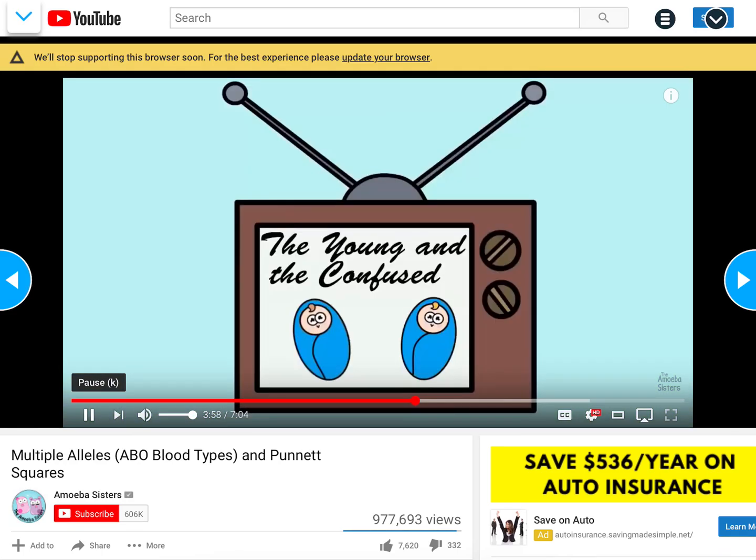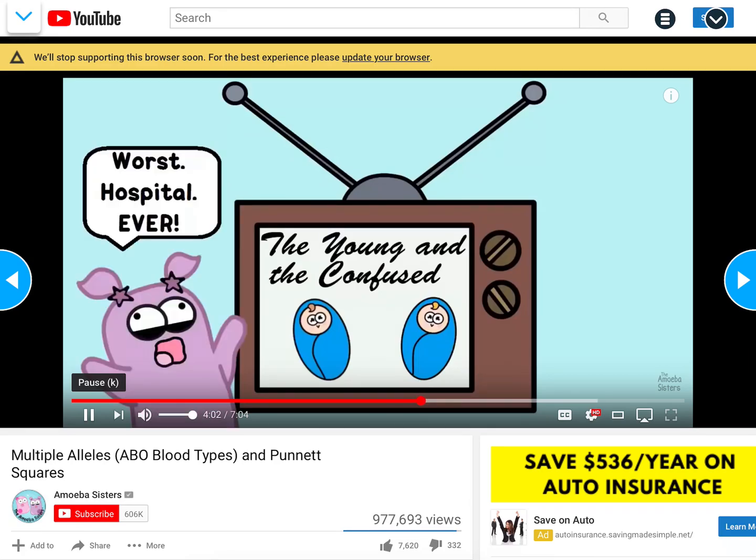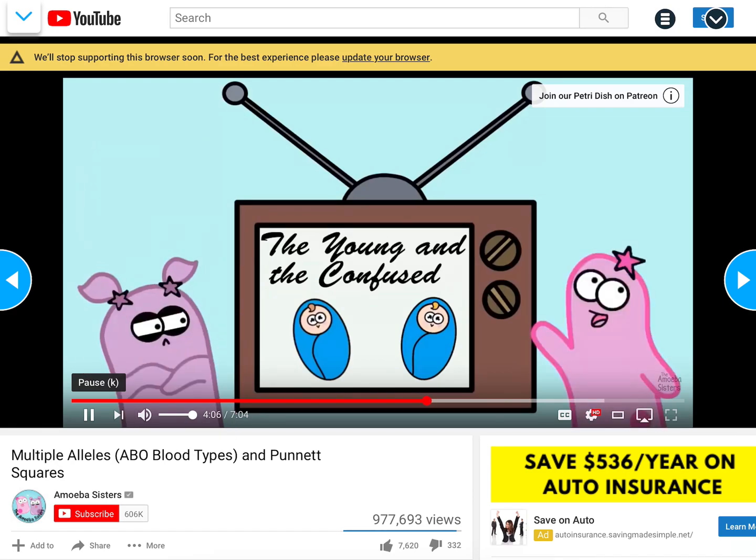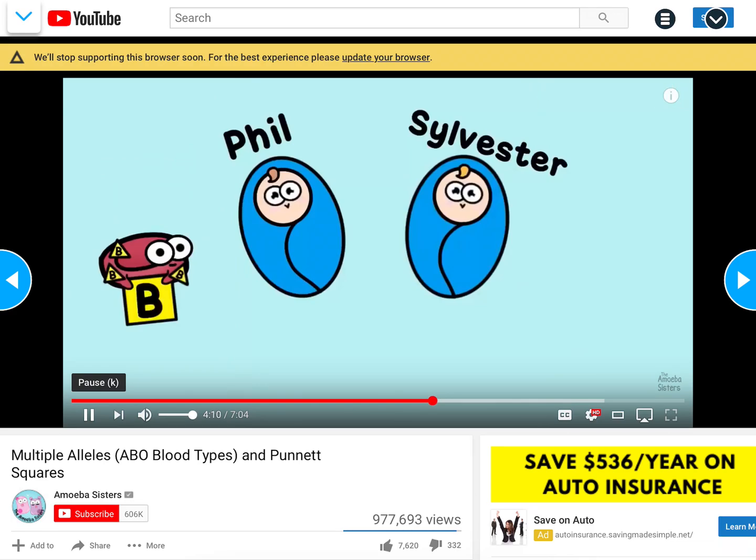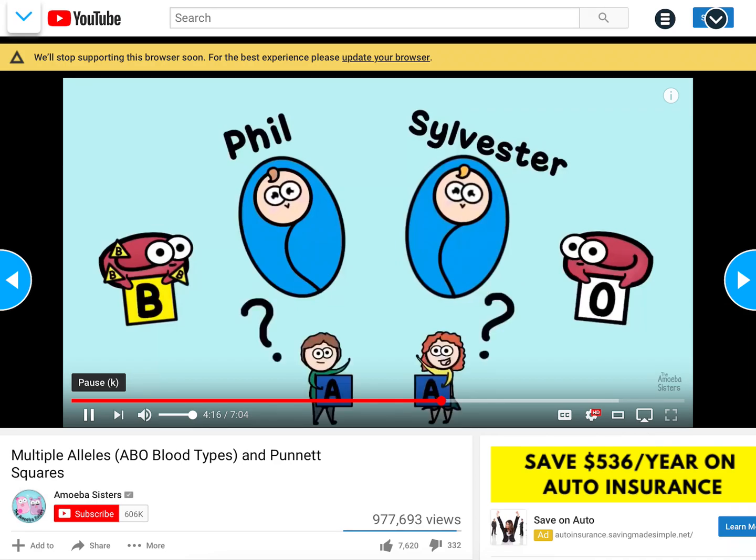There are these two baby boys, and the hospital does not know which one belongs to the couple. Probably not a hospital where you'd want to have kids, but let's try and use our blood type genetic problem-solving skills to help us out here. Baby Phil has type B blood, and baby Sylvester has type O blood. Could either of these babies belong to the couple who both have type A blood?